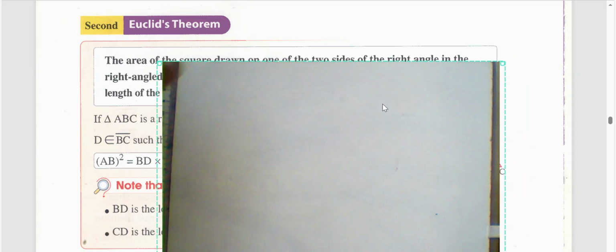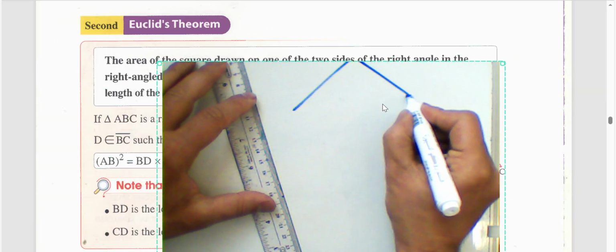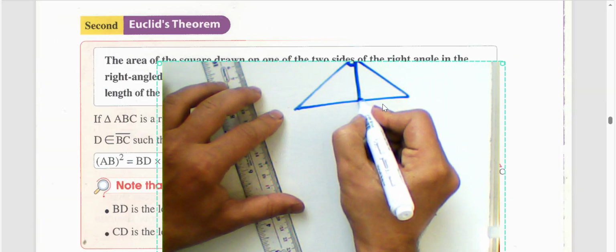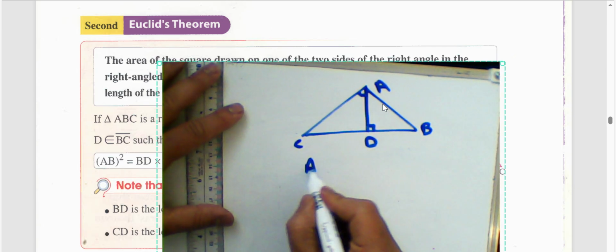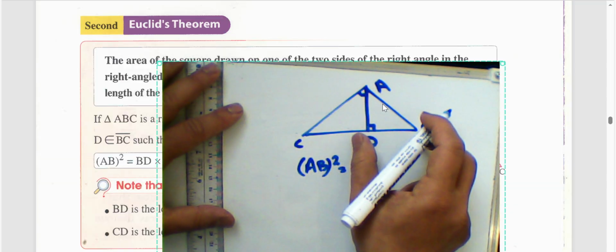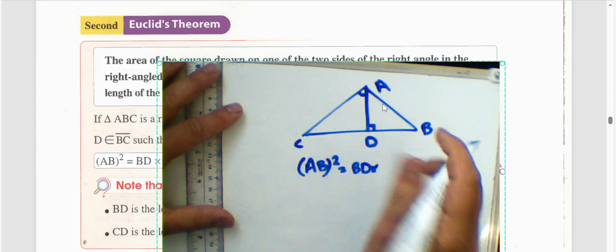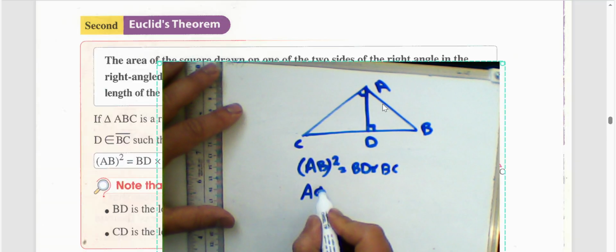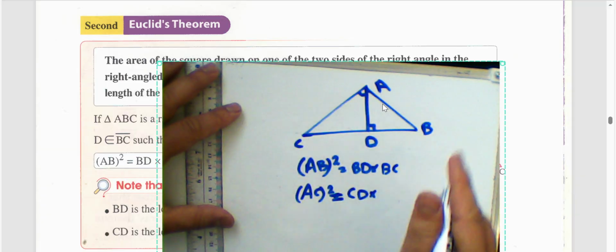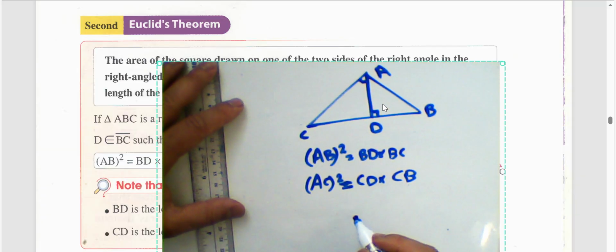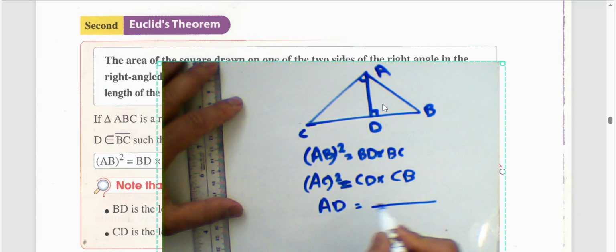I will write all the steps here to understand. If we have a right angle triangle here like this, and this is perpendicular to the base, like A, B, C, and here D, then AB power 2 equals the projection BD product by BC, and AC power 2 equals CD product by CB, and AD equals AB times AC over CB.